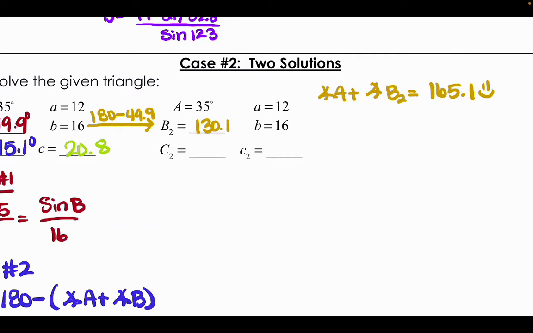You take these two angles and you subtract from 180. There we go, 14.9, okay?